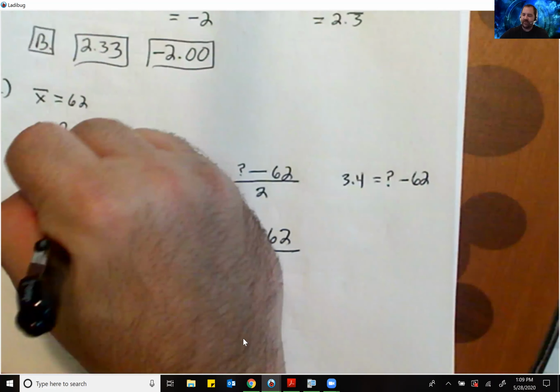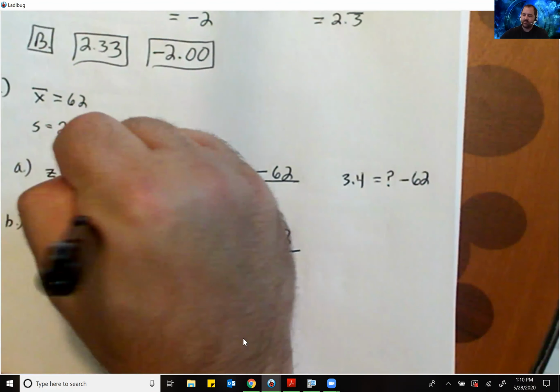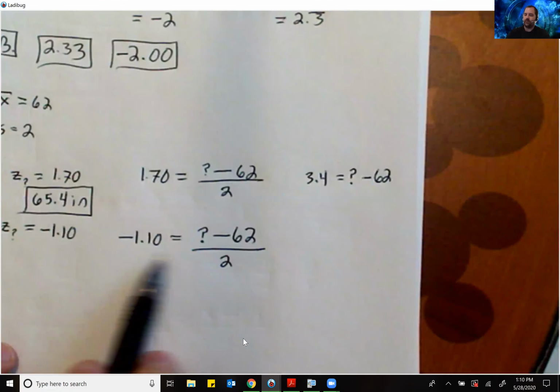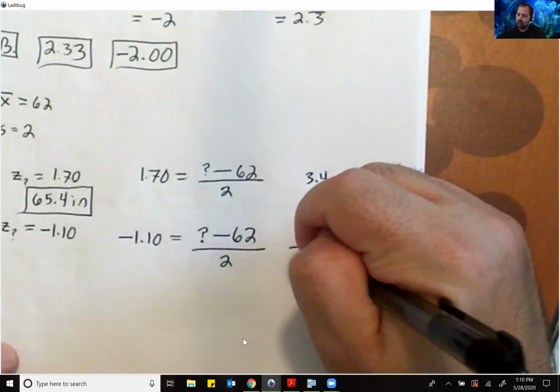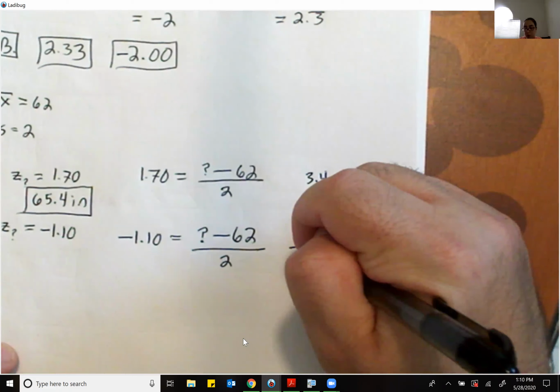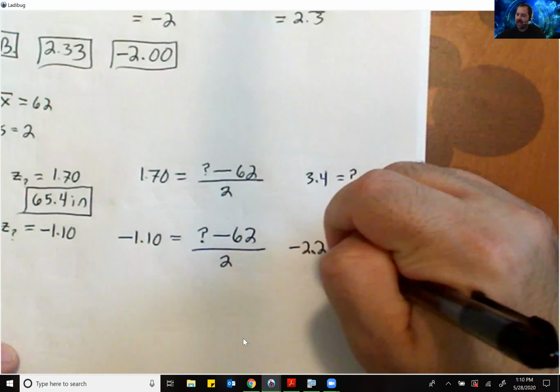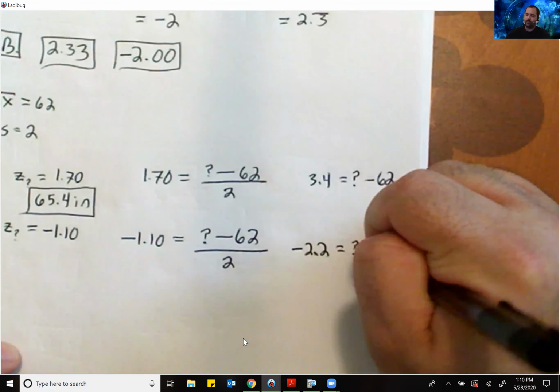So 65.4 inches. And then over here, what is -1.1 times 2? -2.2. And then all we're going to do is add 62 to the other side. And what do we get?